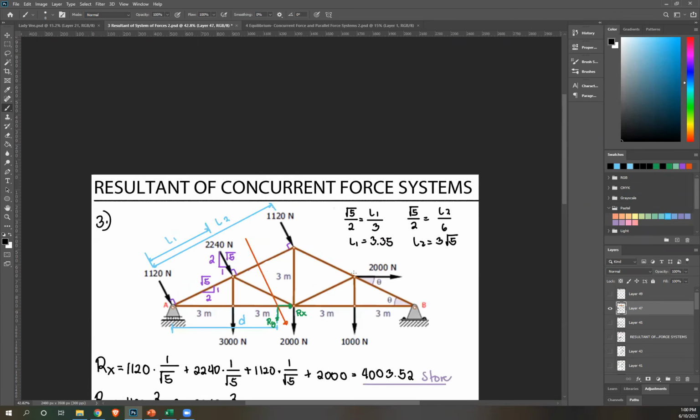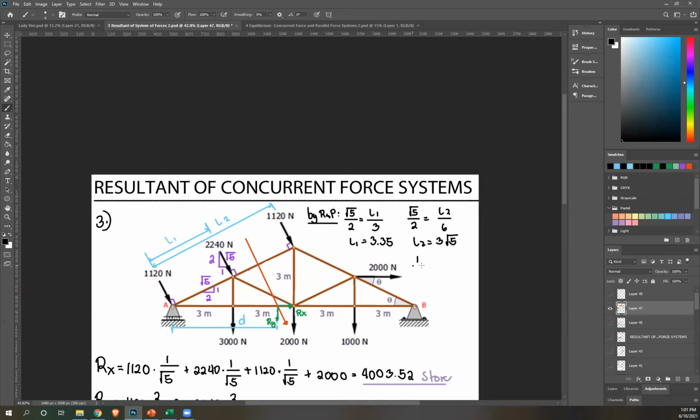Now, how about this? We need the perpendicular distance, right? And this is the perpendicular distance. So how do we solve for that? We're going to do the same thing we did here, by ratio and proportion. This is what we need, the perpendicular distance, and that's equal to the height of this right triangle. So height over base, since base is what we know from this right triangle.